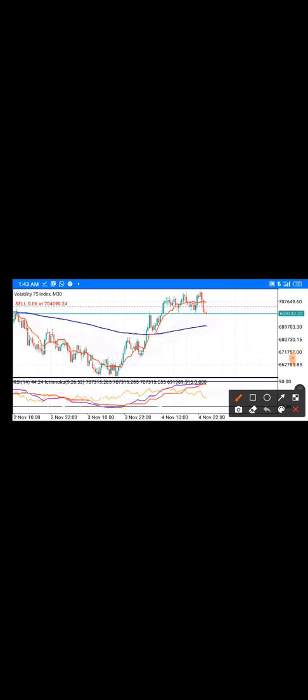So when you look at what's happening here, you find out that this is the exhaustion point of this trade. It moved from here, and when you check, you find out that here is the exhaustion point of this particular trade.